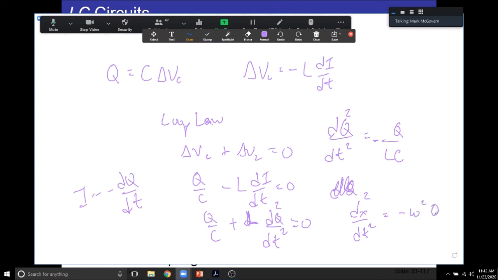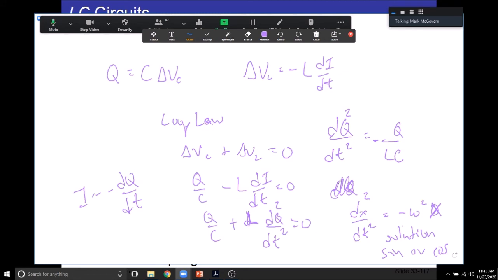The question you ask yourself is, what function is equal to its second derivative, with maybe a negative sign and a constant in front? And the answer here is sines and cosines. So the solution to this is any sine or cosine. Sine or cosine works here. And that's just the nature of it.